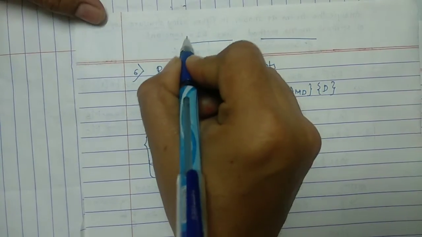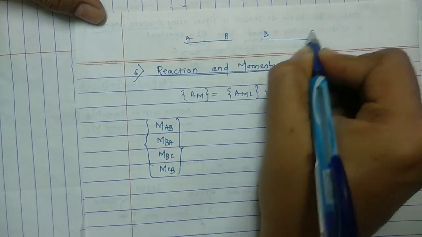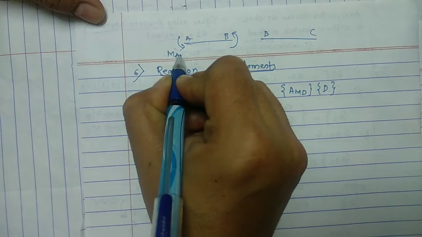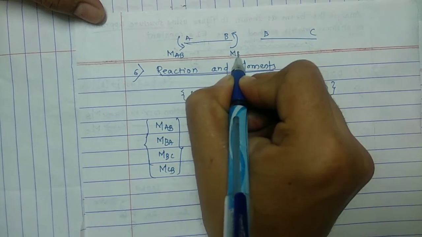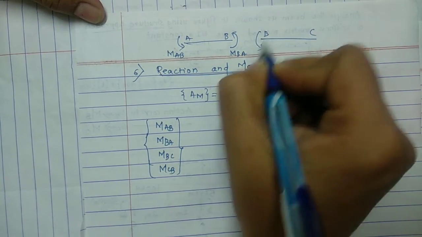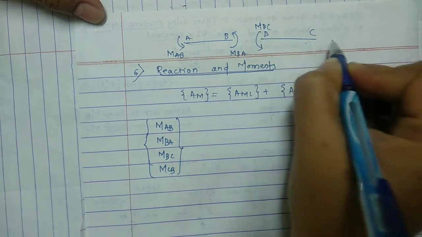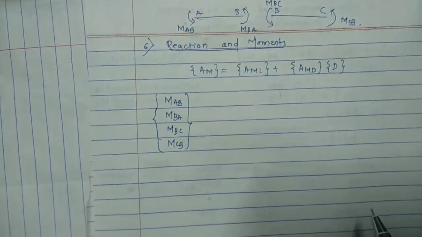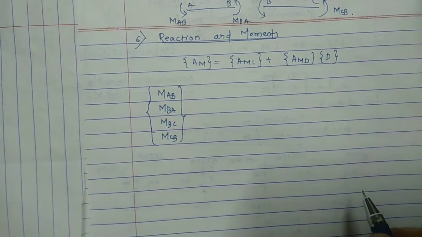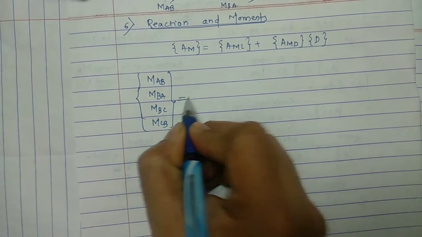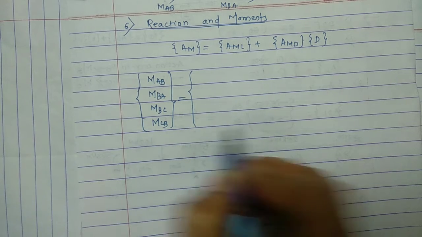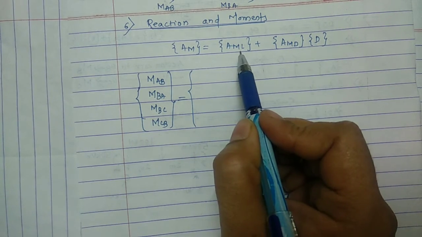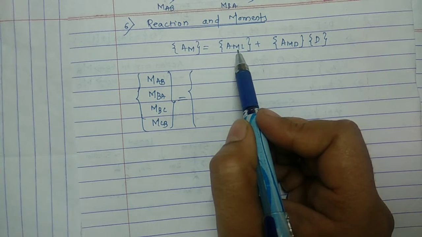Here this is the beam AB, BC. So these are the final moments: this side is AB, BA, BC and CD. Okay, these moments we have to calculate. The final end moments are equal to AML, whose meaning is already explained to you in the previous video.